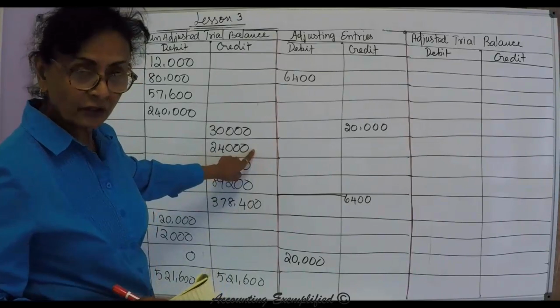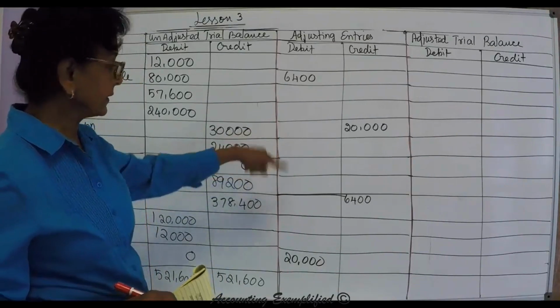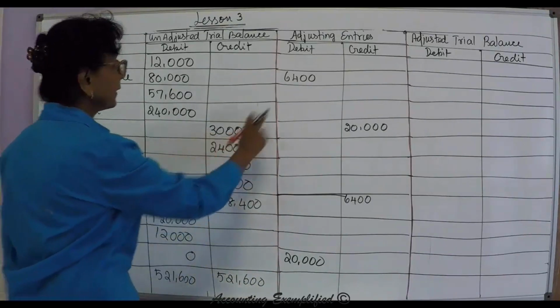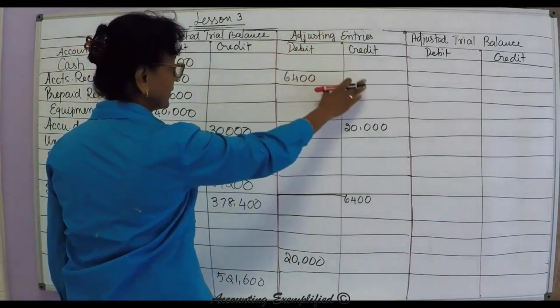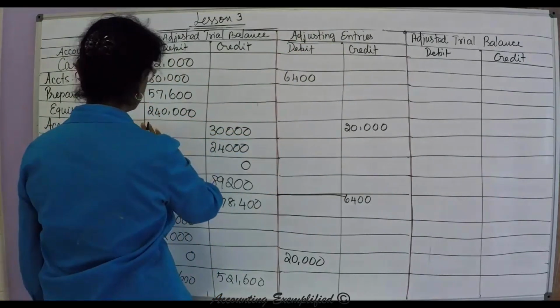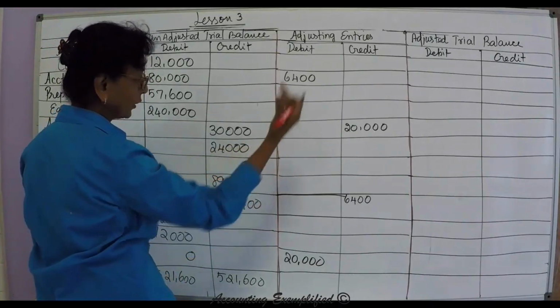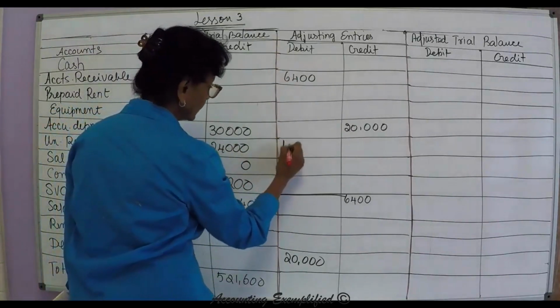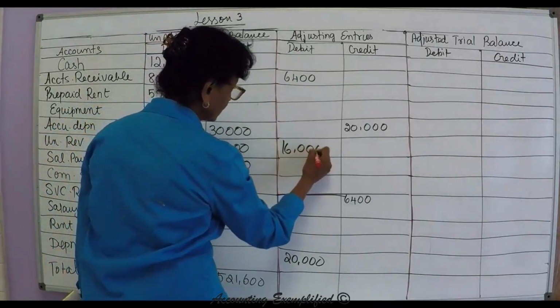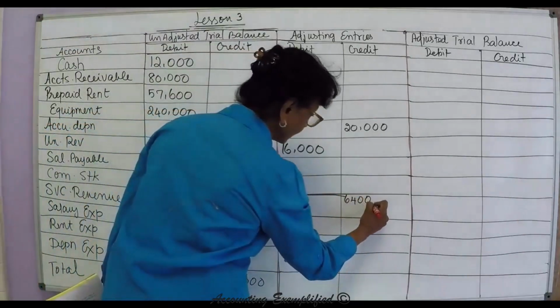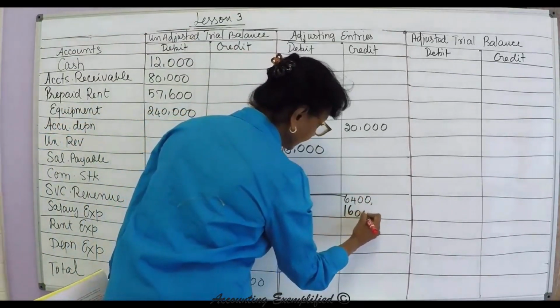So they have done the service and earned $16,000. So for the adjusting entry, you will go to the adjusting entries column and then go to the unearned revenue. This is a liability, you have to decrease it. So you debit 16,000 and they have earned this, therefore it goes as a credit 16,000.